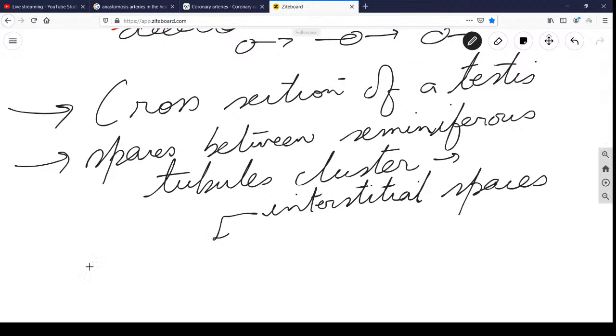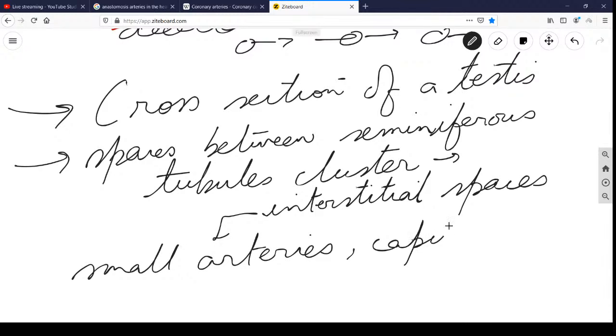Small arteries, capillaries and veins are present here.